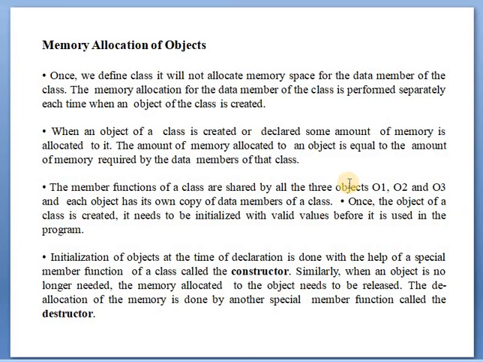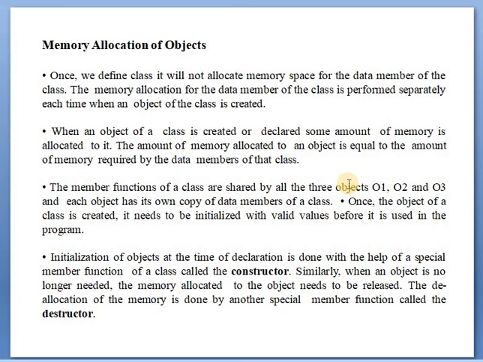See here, in that class there are some data members. Suppose there are two data members, a roll number and a name. Roll number is an integer, so it requires 4 bytes, and name is a character array, so it requires 10 bytes. So 10 and 4, that is 14 bytes, are allocated to that object.